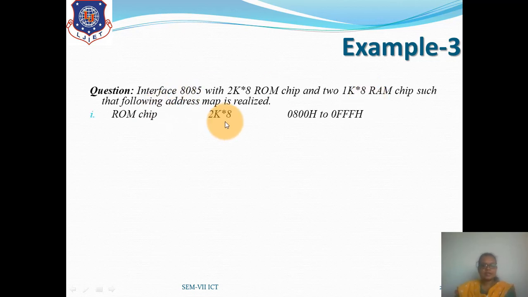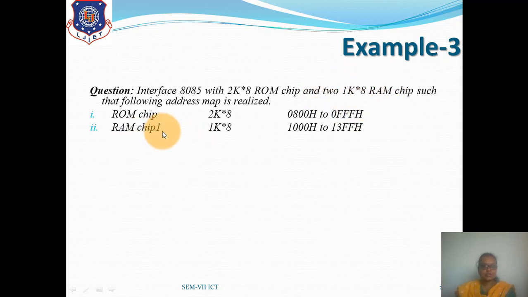Here they have already given the starting and the ending address of the ROM and RAM chips. First, the ROM chip has the size 2K x 8 with the starting address 0800H to 0FFFH. This is the starting address of ROM and this is the ending address of ROM. Second, we have to use two RAM chips, each of 1K x 8.